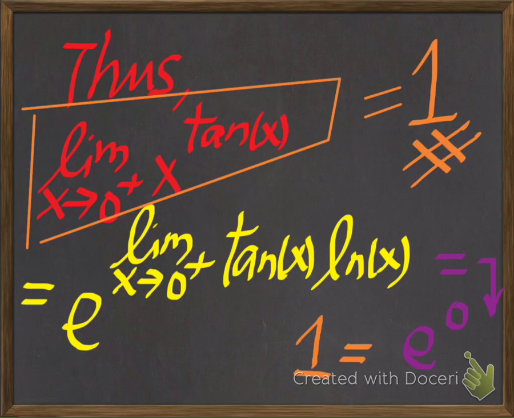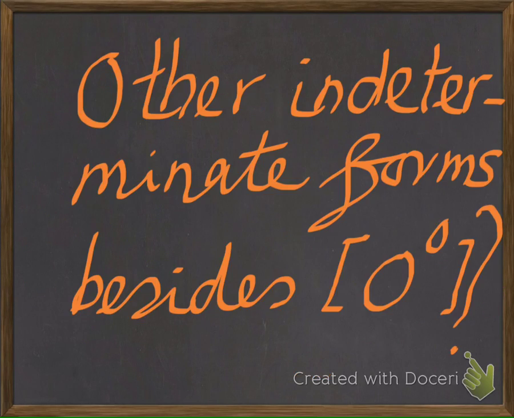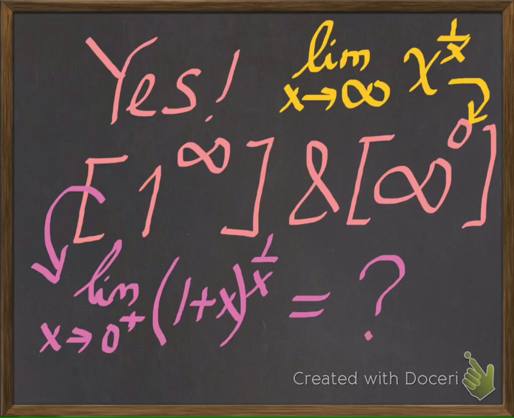The same approach can be carried on to other indeterminate forms besides 0 power 0. Two other forms that can use the same approach are the indeterminate forms 1 raised to the power infinity and infinity raised to the power 0, with typical examples.